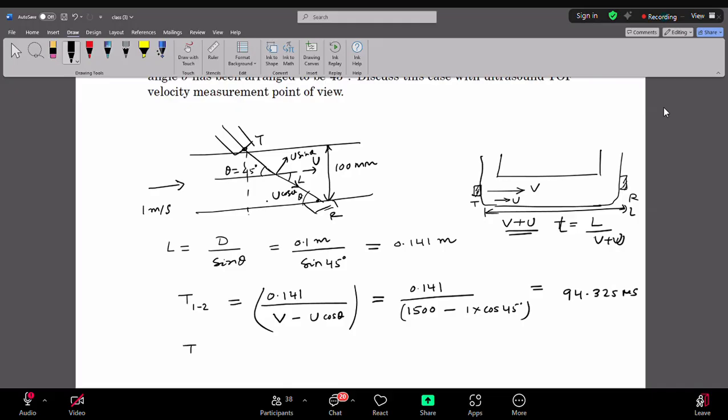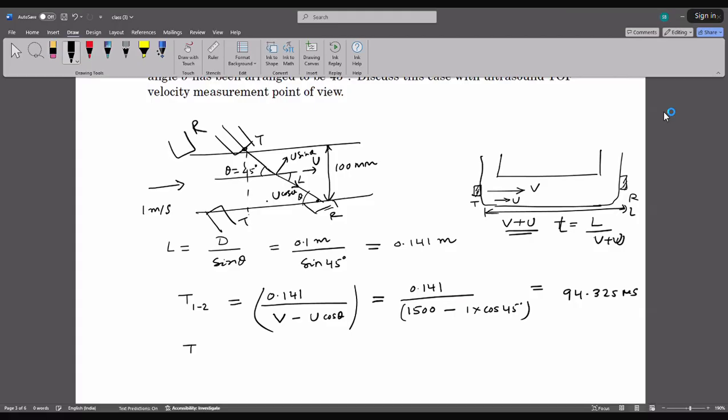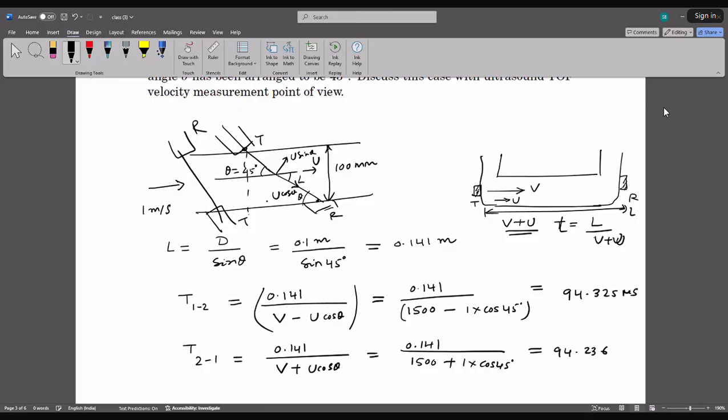If I place another pair, a transmitter here and receiver here, then T2 to 1 is going to be 0.141 divided by v plus u cos theta. If I substitute 1500 plus 1 into cos 45 degree, this will become 94.236 microsecond.